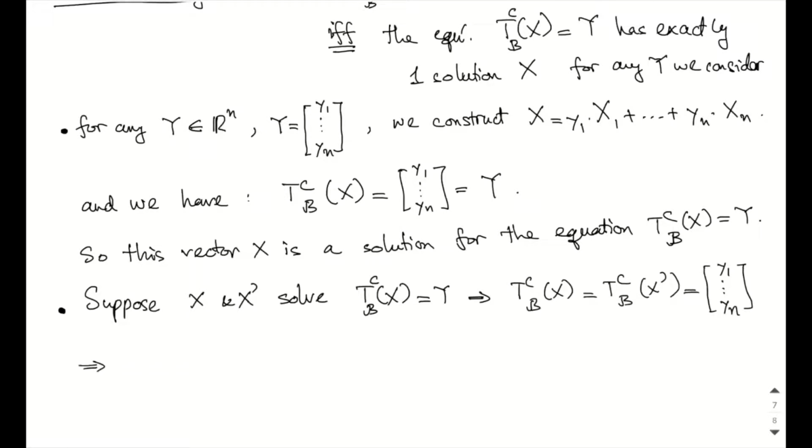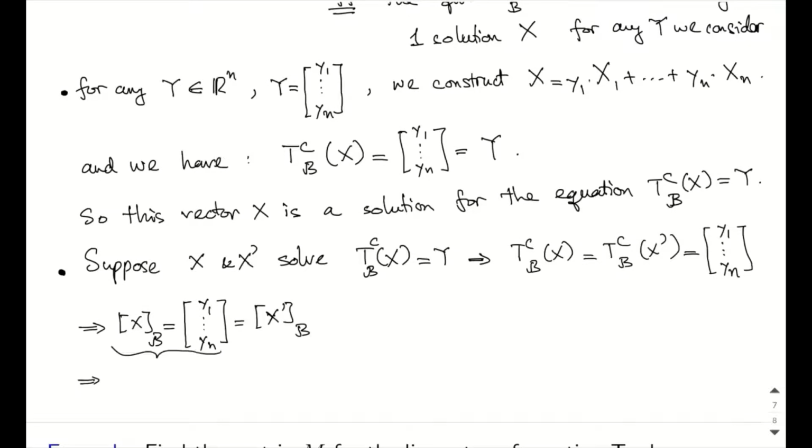We know that the TCB is going to bring x to the coordinate with respect to the basis B. So the coordinate of x with respect to the basis B is y1 to yn, and that's the same as the coordinate for x prime. But this part implies that x can be expressed as y1 times x1 plus dot dot dot plus yn times xn, and this part implies that x prime can also be expressed as the same thing. And so we have successfully proven that x and x prime are the same.